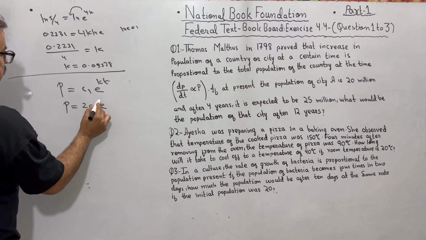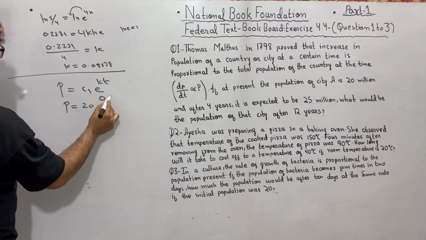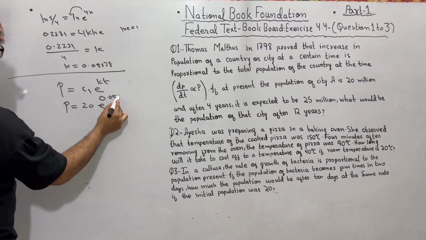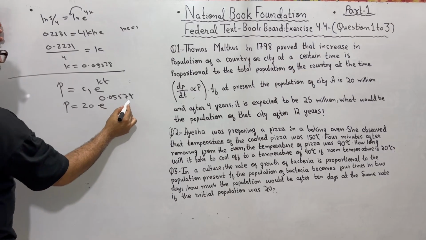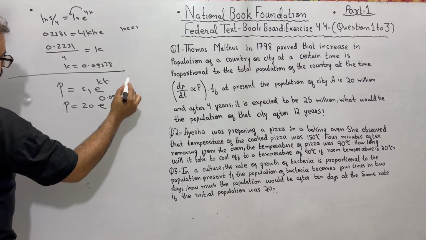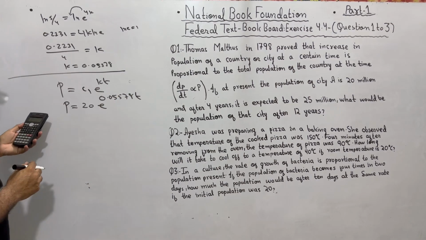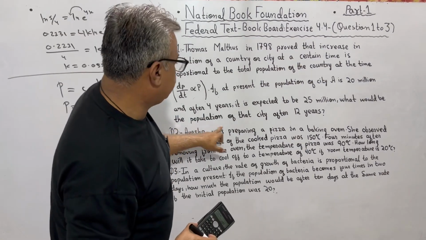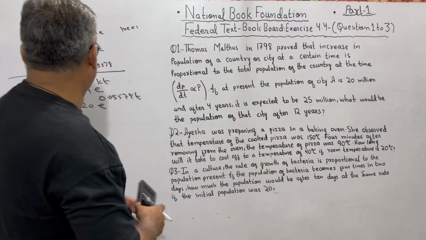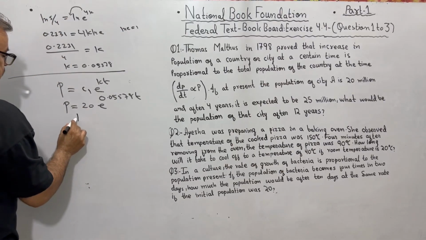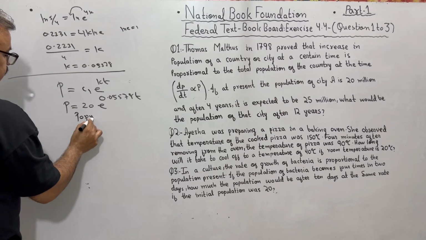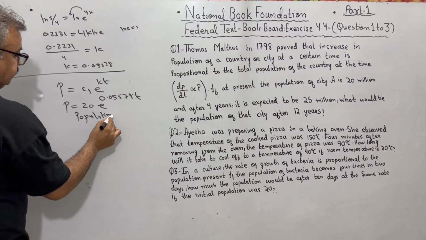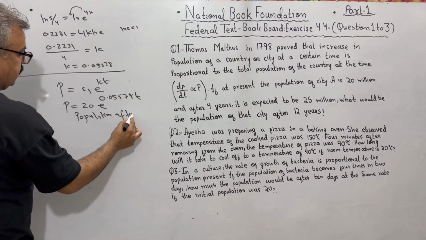P equals 20 times e raised to 0.05578 times t. Now we are asked to find the population of the city after 12 years.